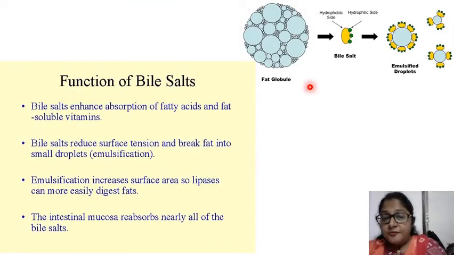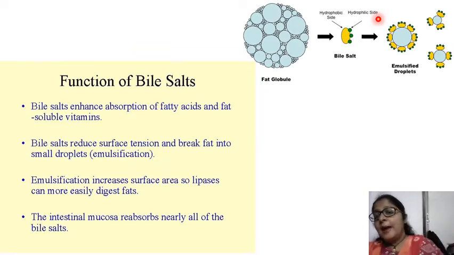So now, coming to the function of the bile salts, which is very important, I just discussed emulsification, which is a very important function for fat. So this is a fat globule, and bile salt always has two sides. One is the hydrophilic side, which loves water, and a hydrophobic side, which is afraid of water.